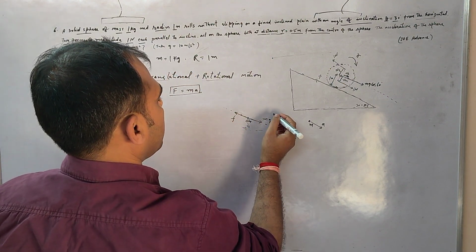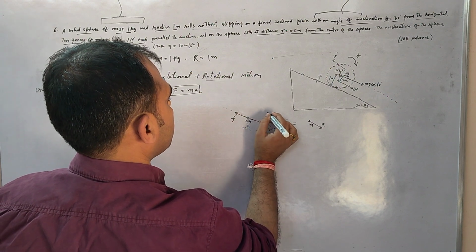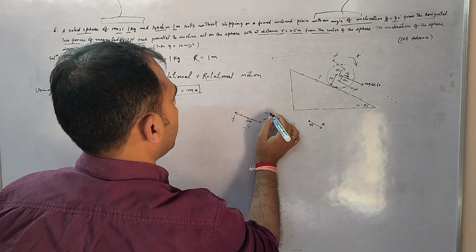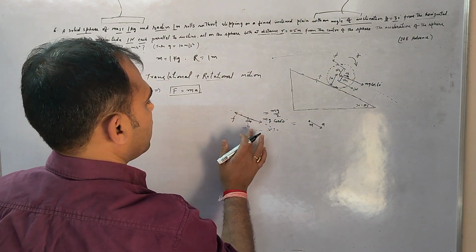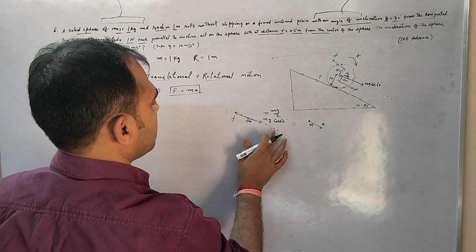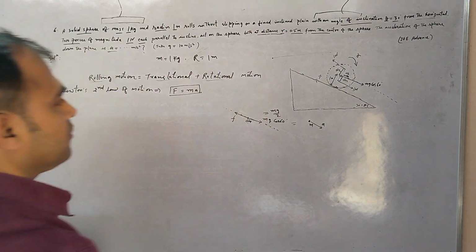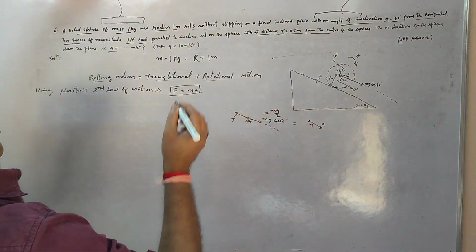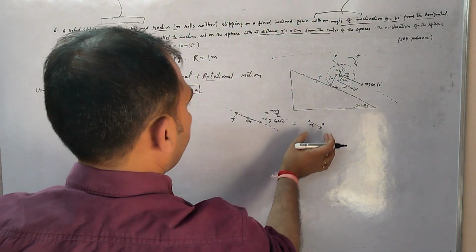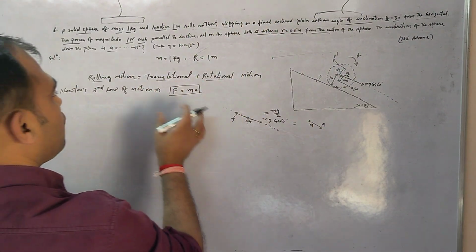That is mg by 2, as cos 60 has the value 1 by 2. So this is mg by 2. Okay. This is our center of mass moving with acceleration A.